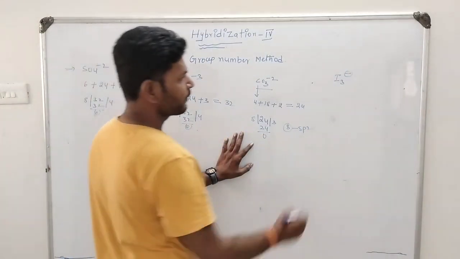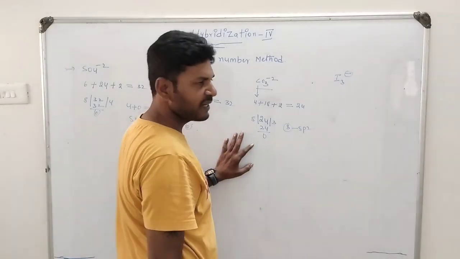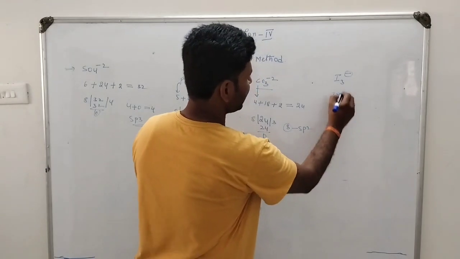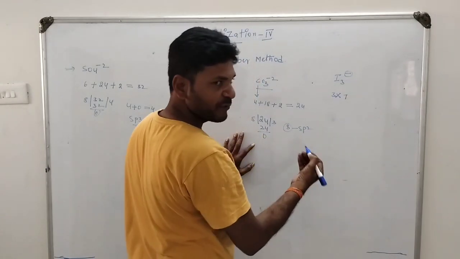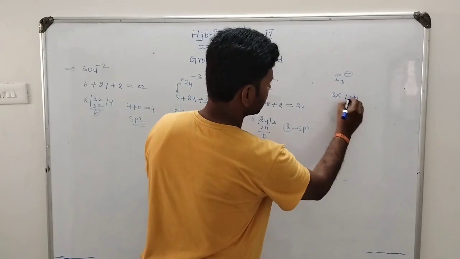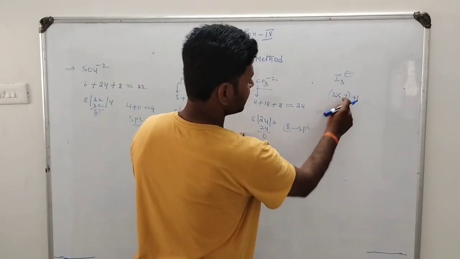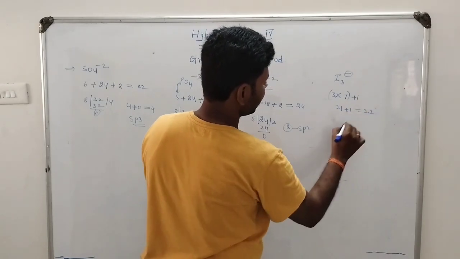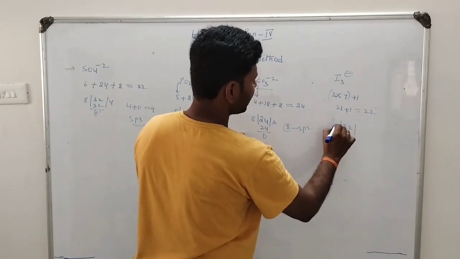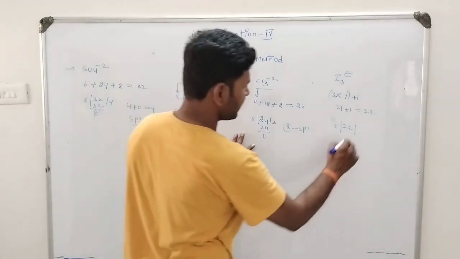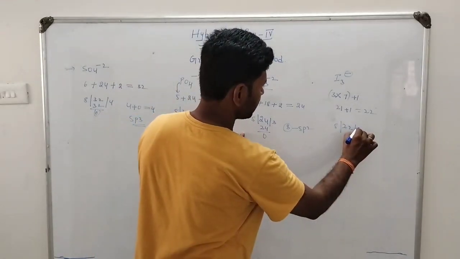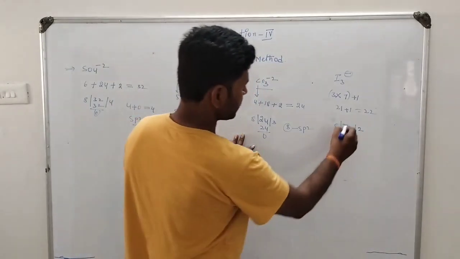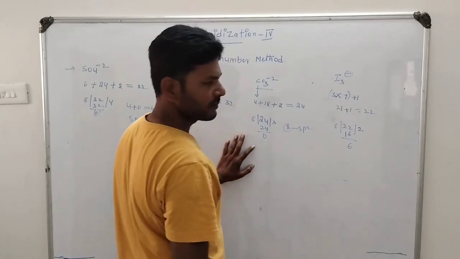I3 minus. Total number of atoms 3. All 3 atoms belong to the same group number. 3 into 7, minus 1 which indicates addition of 1 electron. So here 3 into 7, 21 plus 1, 22. 22 by 8. So here 16, okay, so here 6.